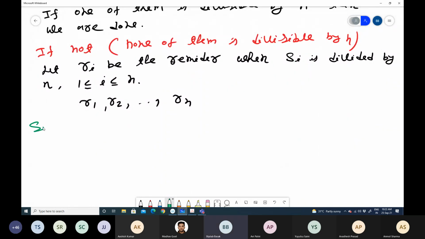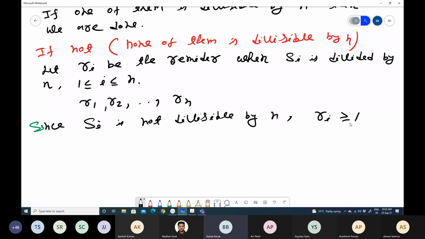Since Si is not divisible by n, Ri is bigger than or equal to 1. But since we are dividing by n, Ri is obviously less than n. Thus Ri can take values 1, 2 up to n minus 1.